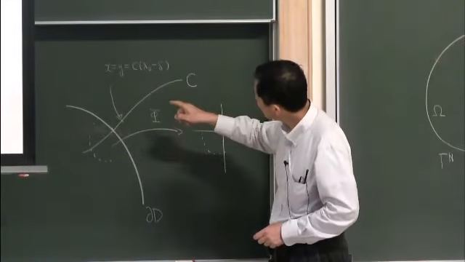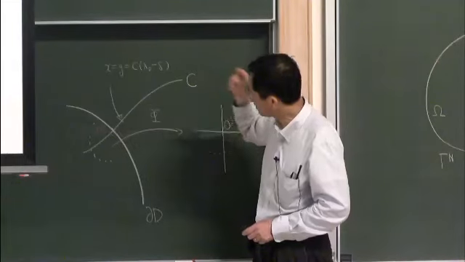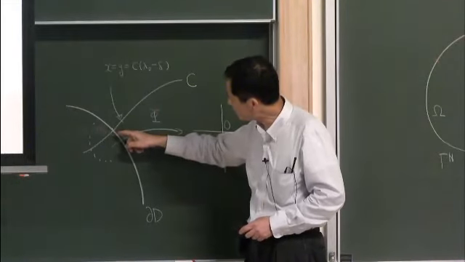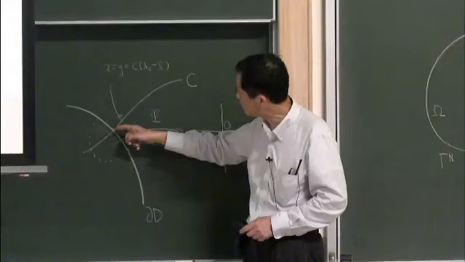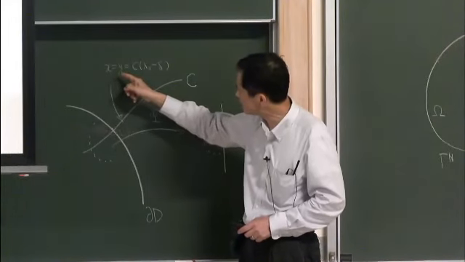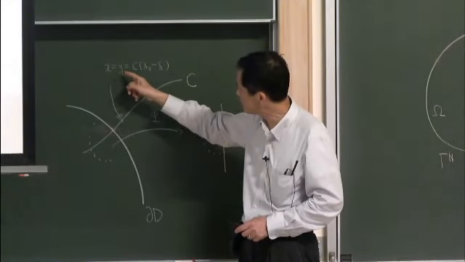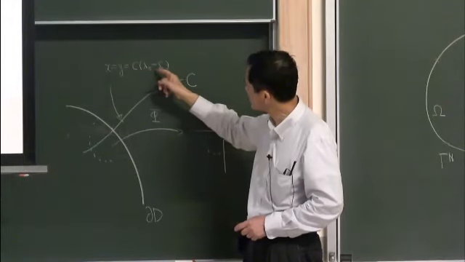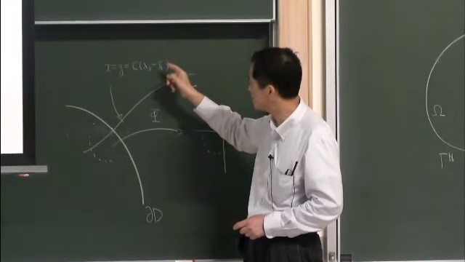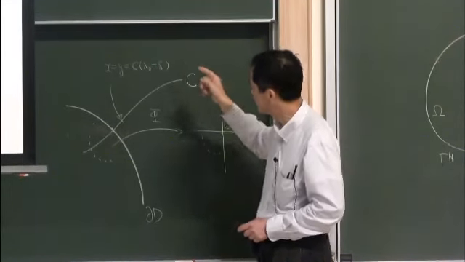Then we consider a nearby point of this P, which is just a point before P, which is X. X is also equal to Y, given as C lambda 0 minus delta. Delta is a very small positive number.